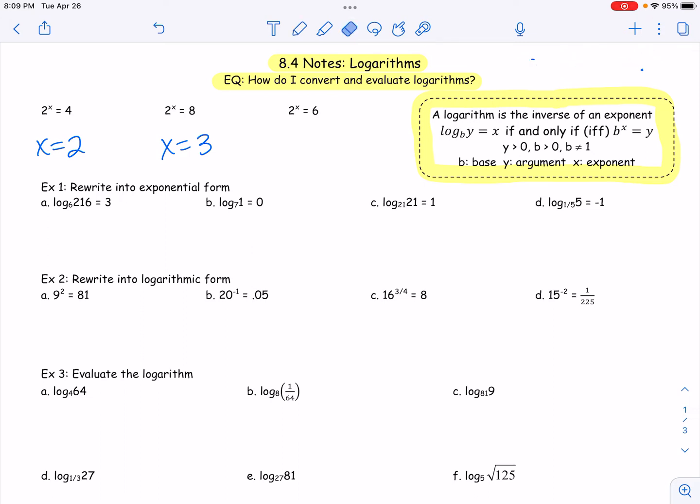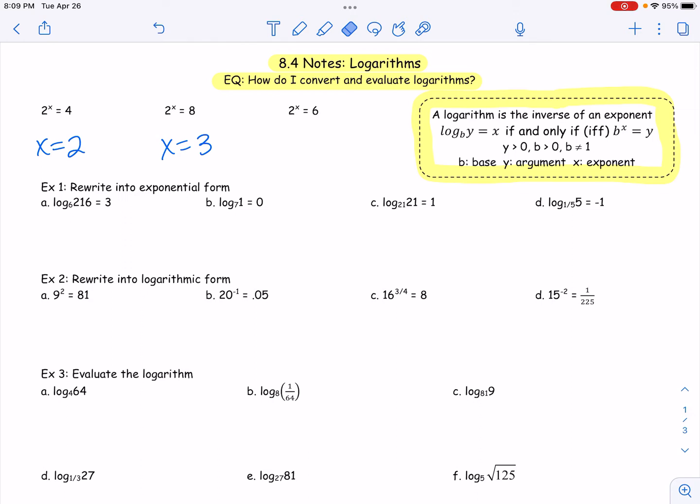But y is called the argument. In a log equation, that value of y, the argument, has to be greater than 0. It can never equal 0, and it can never be a number less than 0. So it's always going to be a positive number. And then that's equal to x, which is the same thing as our exponent.